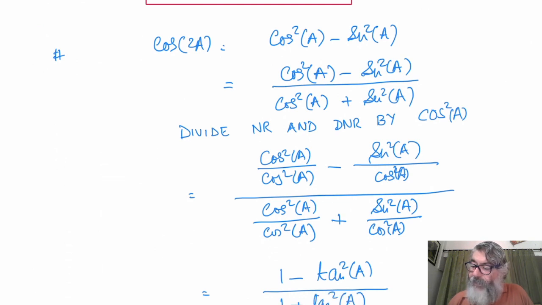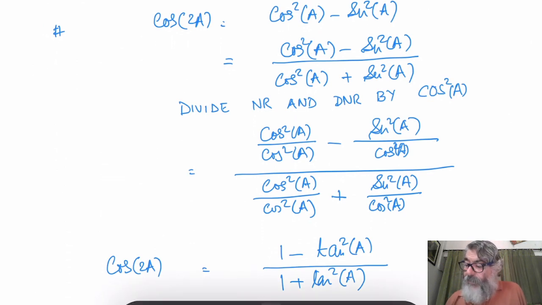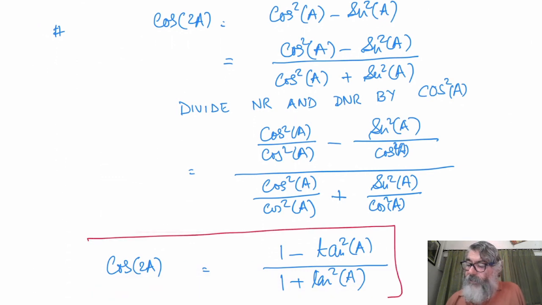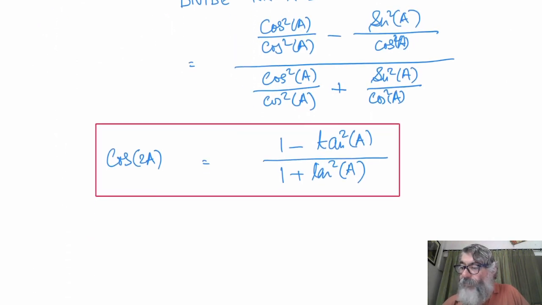So cos 2A has been expressed in terms of tan square: 1 minus tan square A upon 1 plus tan square A. This is another formulation for cos 2A. We will be doing more work on this.